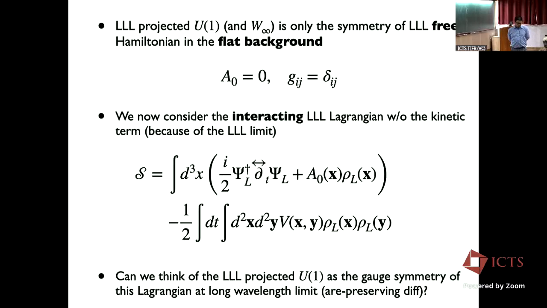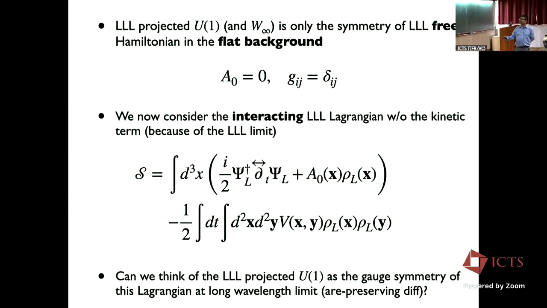Right. So, as I mentioned, the lowest Landau level projected U1 and W infinity are the only symmetries of the lowest Landau level for the free Hamiltonian in the flat background, A_0 equal to 0 and g_ij equal to delta_ij. Now, if we consider the interacting lowest Landau level Lagrangian, in the lowest Landau level we ignore the kinetic energy.